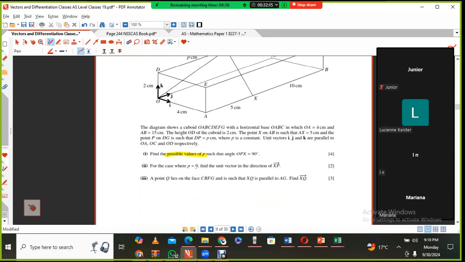What does that mean? What is our formula saying? Our formula says that the cos of an angle is the dot product of the vectors over the product of the magnitudes of the same vectors. Why is it important to have PO and PX?